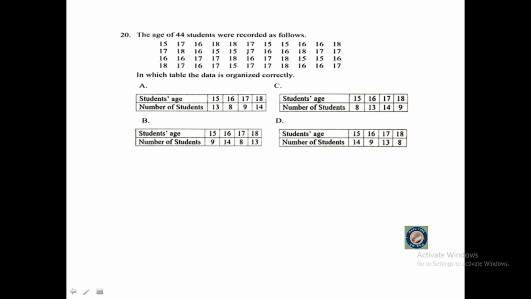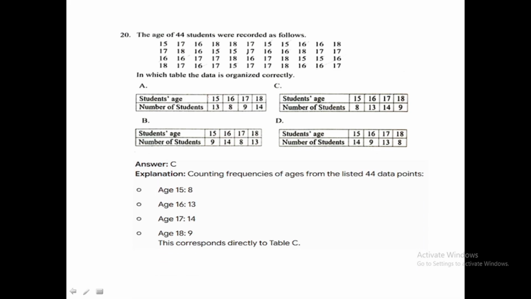The answer for the last question of part 1 will be the one under C, because counting frequencies of ages from the listed 44 data points, age 15 is equal to 8, age 16 is equal to 13, the number of students with age 17 is 14, and age 18 is 9. This corresponds directly to table C.